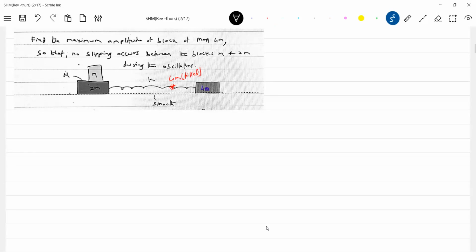I will go for some small set of diagrams. This is M, 2M. There, stretch it.